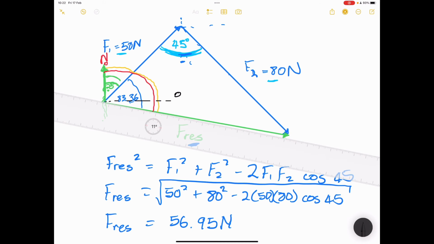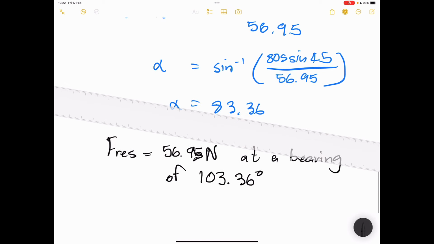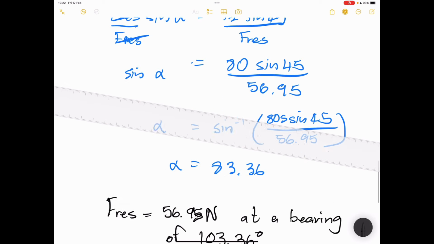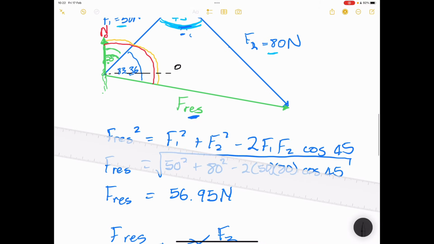It gives us about 10 degrees. So in this case, it's 90 plus 10 degrees, about 100.